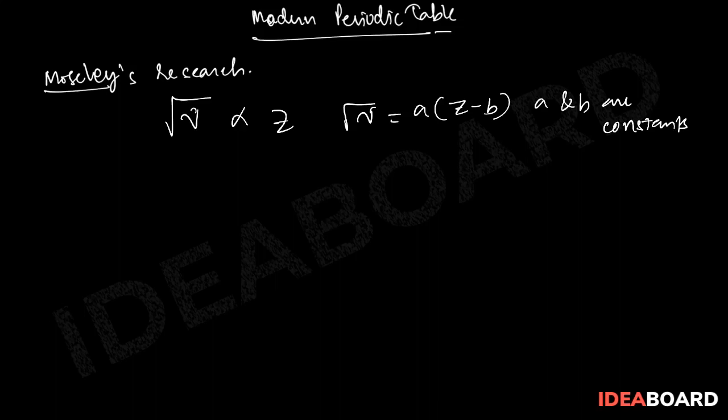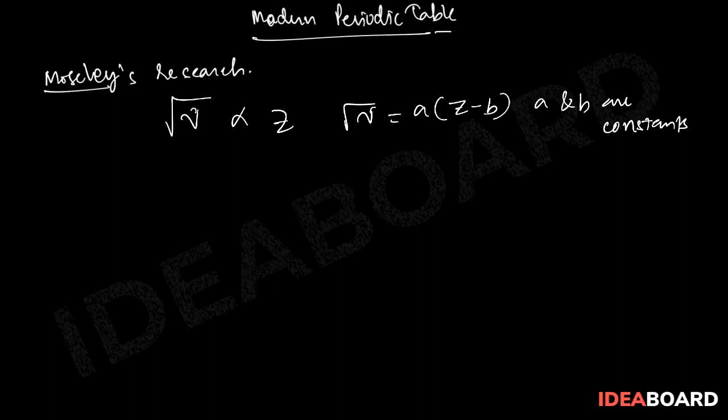Till then, according to Mendeleev's classification, the concept was that all properties vary with atomic mass, but he found that some other phenomenon governs the property of diffracted X-ray radiation. So he gave out this relationship.